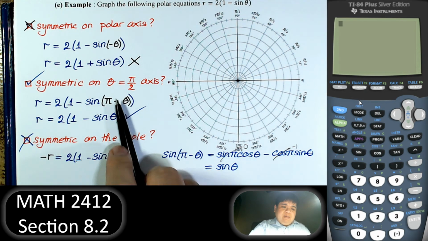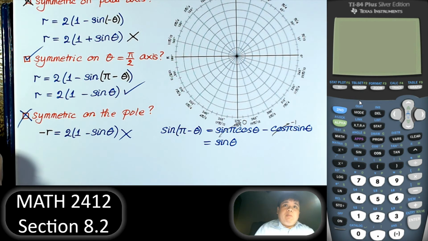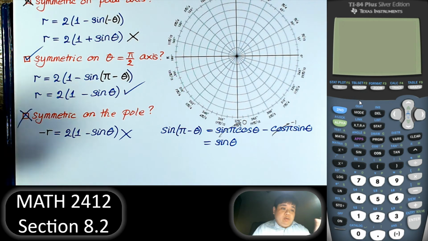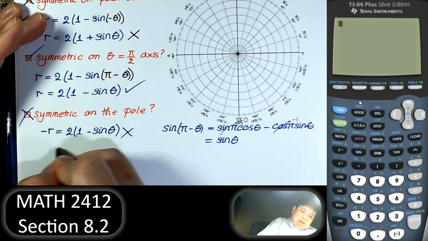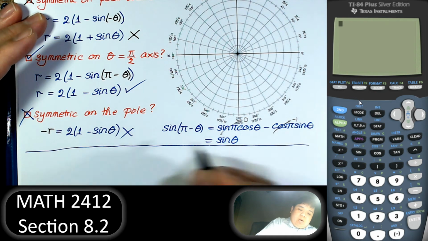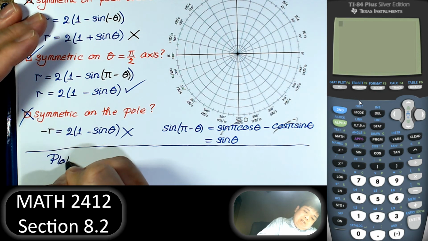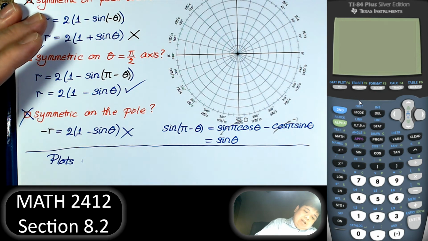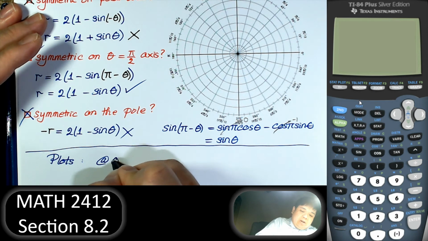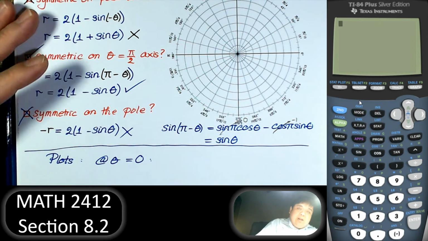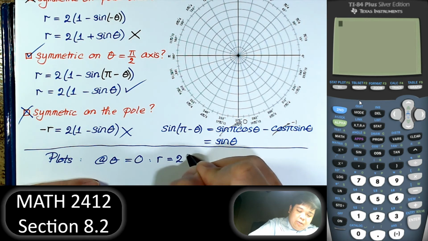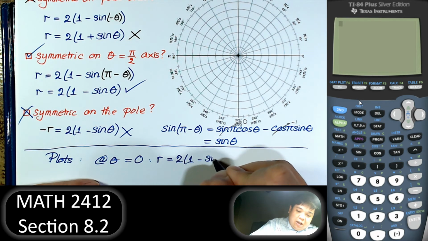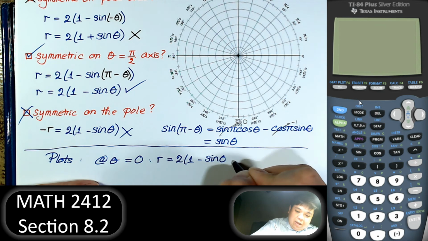To graph this, just like when we graph anything, we're just going to choose theta and r will follow. So for example, we just plot the points at theta equal to 0. When theta equals 0, r equals 2 times 1 minus sine 0.